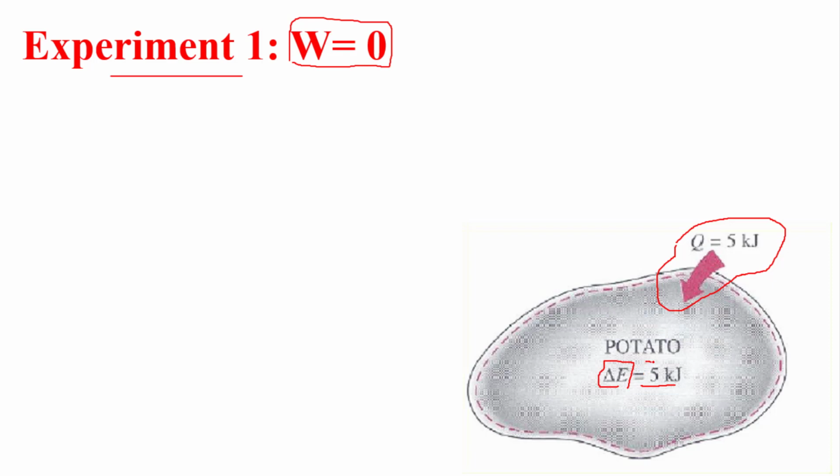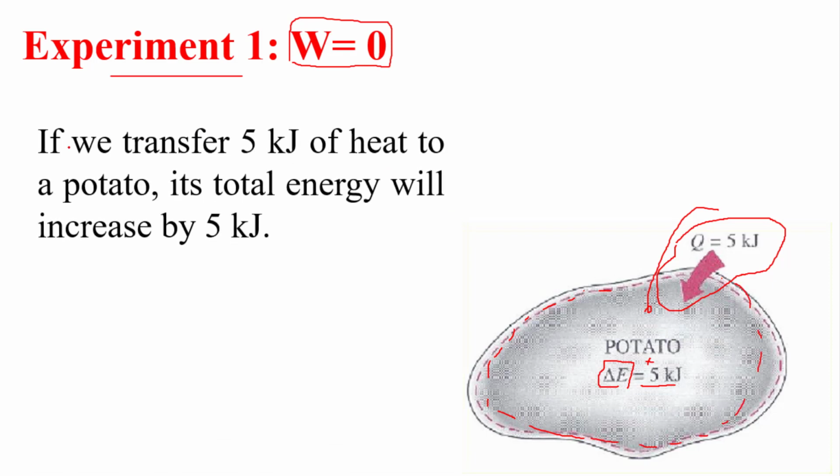Q is gained, the system gains the energy. You can notice that we have here a control surface. So we have a Q crossing the boundary. The description of this experiment: if we transfer 5 kilojoule of heat to a potato, its total energy will increase. Increase means plus sign.